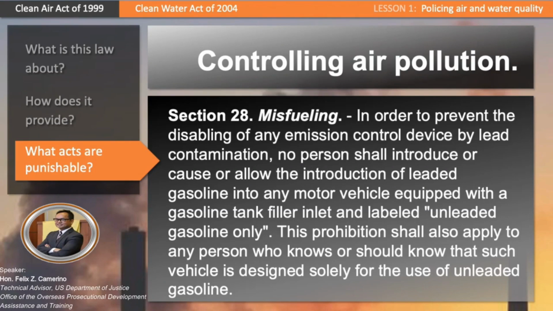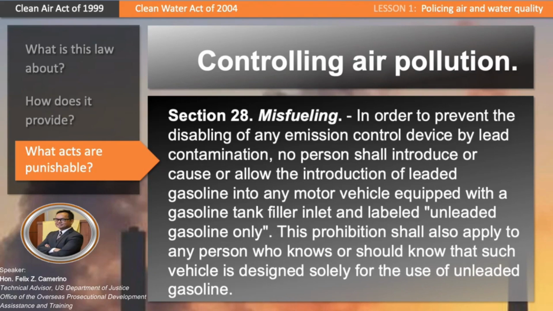It says, no person shall introduce or cause or allow the introduction of leaded gasoline into any motor vehicle equipped with a gasoline tank filter inlet and labeled "unleaded gasoline only." This prohibition shall also apply to any person who knows or should know that such vehicle is designed solely for the use of unleaded gasoline.